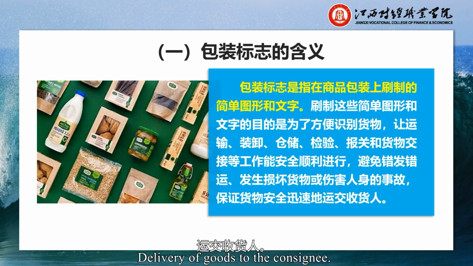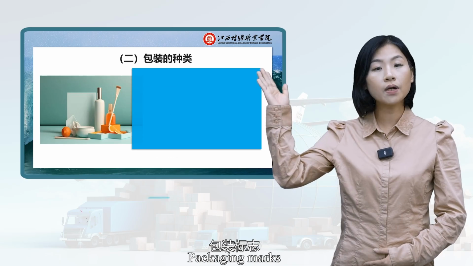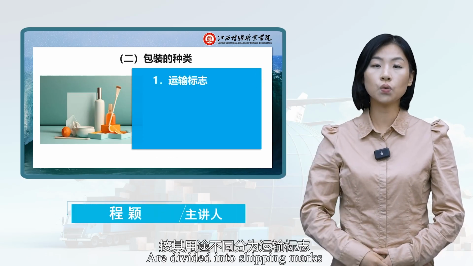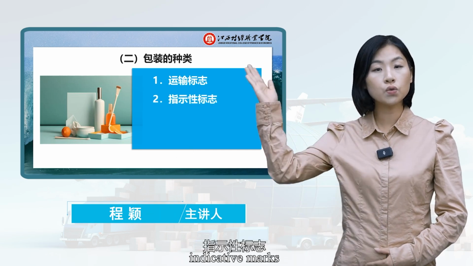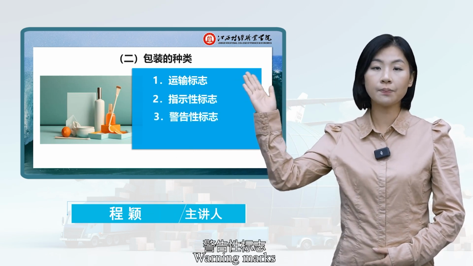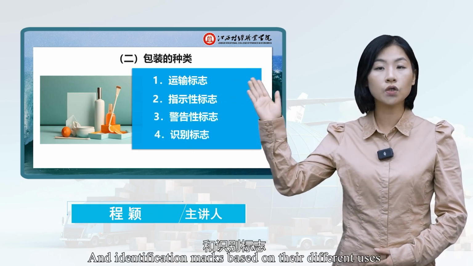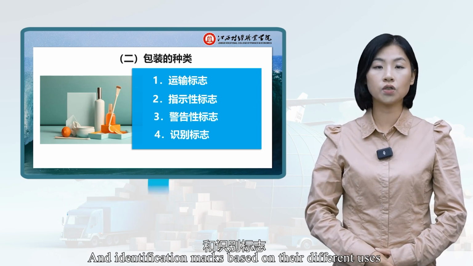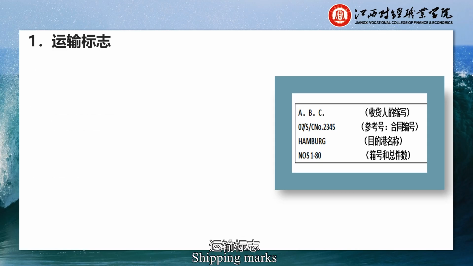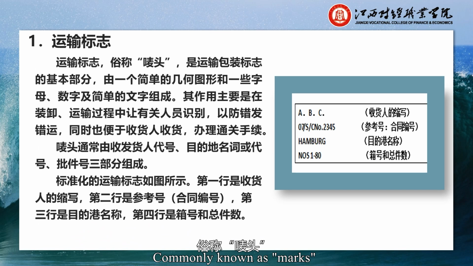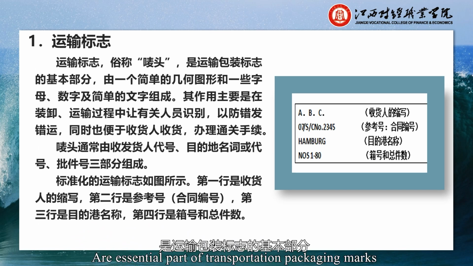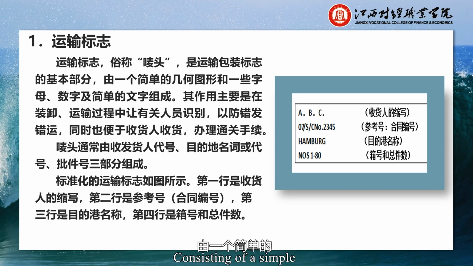Packaging marks are divided into shipping marks, indicative marks, warning marks, and identification marks based on their different uses. Shipping marks, commonly known as marks, are an essential part of transportation packaging marks, consisting of simple geometric shapes and some letters, numbers, and simple text.